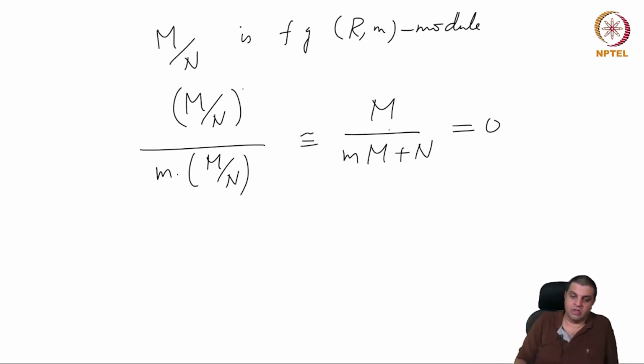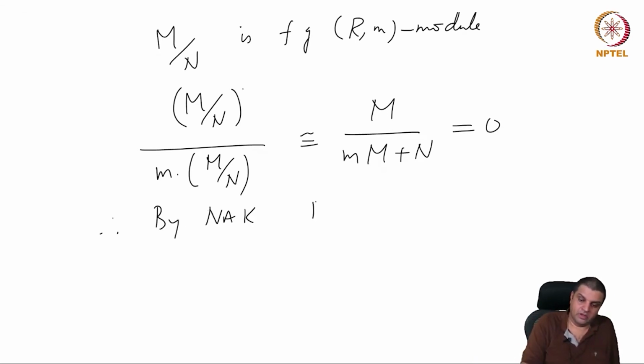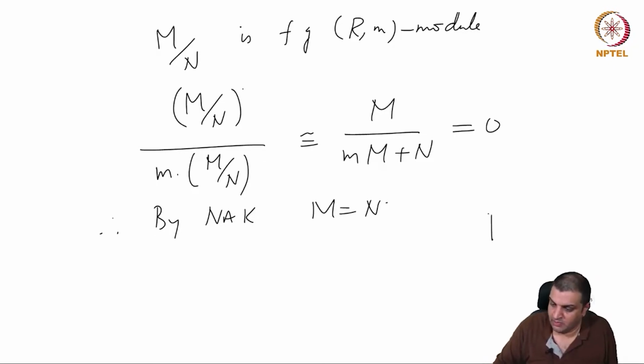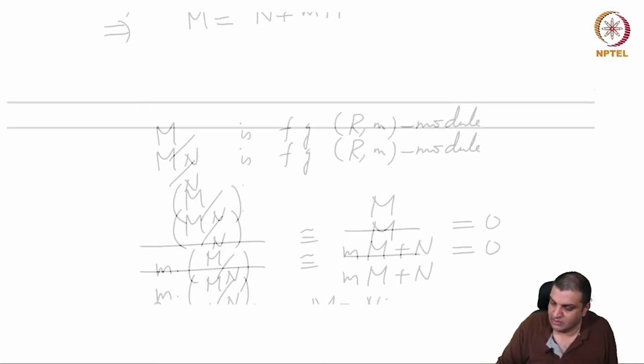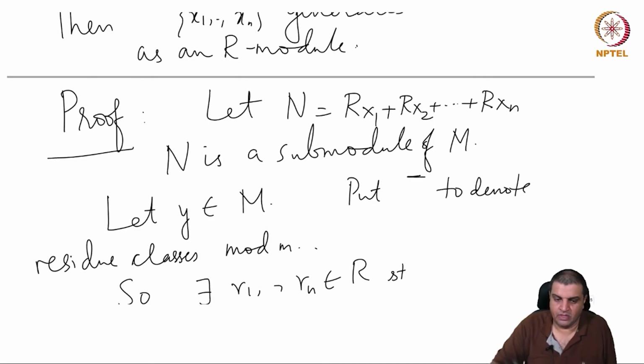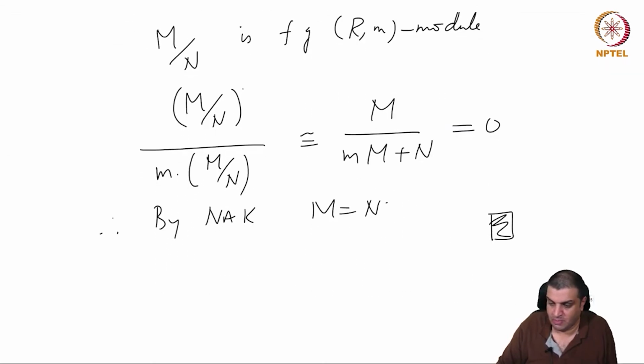Therefore, by Nakayama's lemma, M mod N is 0, so M is equal to N. This is what we wanted to prove, that those elements x generate M. M is equal to this submodule, which is what we wanted to prove.